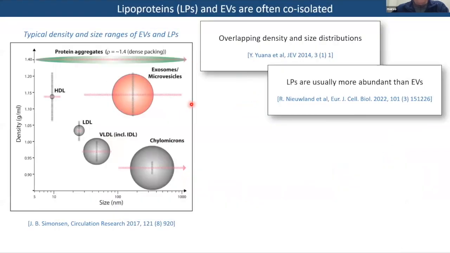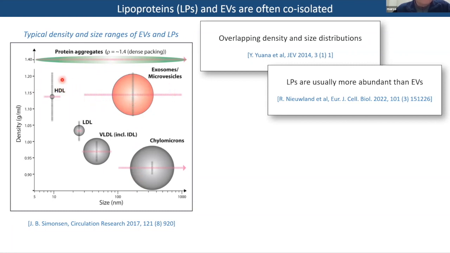So, of course, what is the first thing that comes to mind when you have a reproducible, large amount of particles in blood-derived samples? It's lipoproteins. Lipoproteins and EVs are often co-isolated because they have overlapping sizes or density distributions.